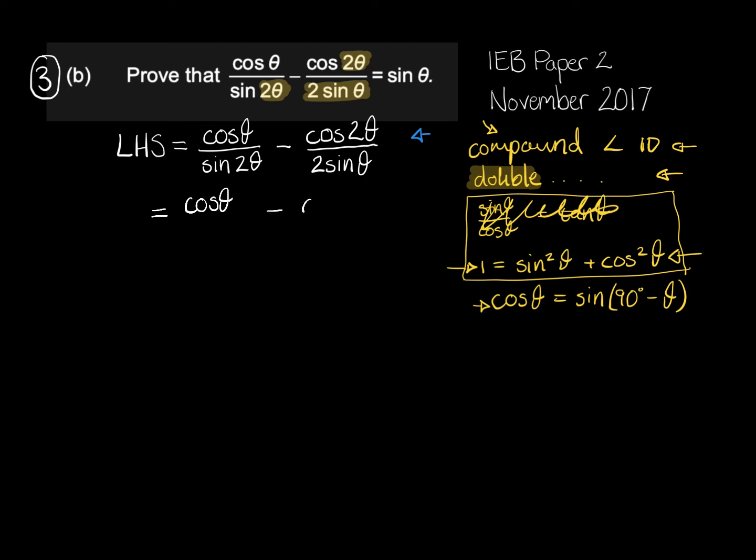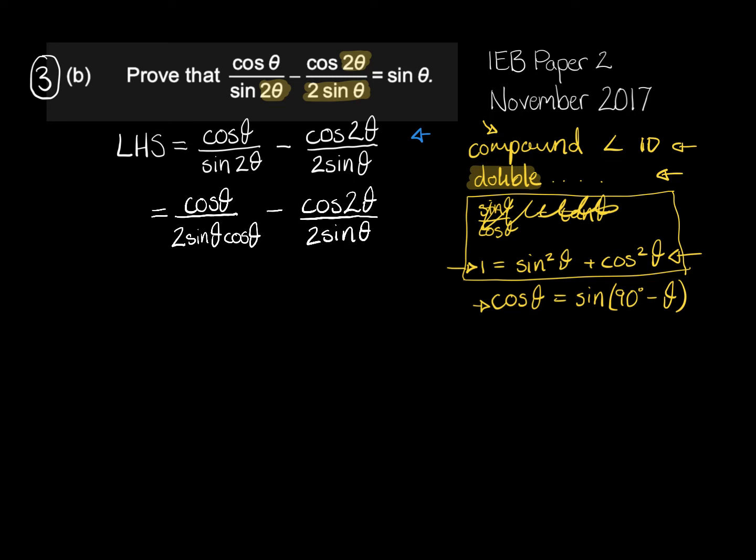The first thing I'm going to change is the denominator of the first fraction because that's what popped out to me the soonest. And that is the identity that becomes 2 sine theta cos of theta.